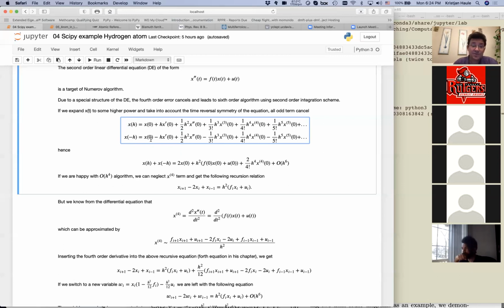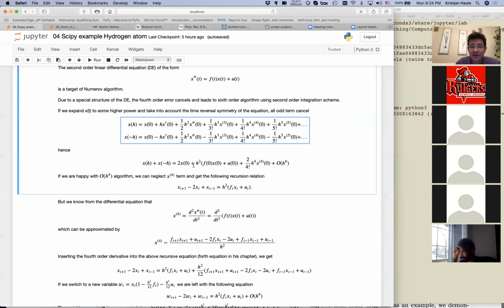Now we sum these two equations together. We just sum them. And then we get the equation that x of h plus x of minus h is equal to 2x of 0. And then we see that all these odd terms cancel out because there is a sign change.